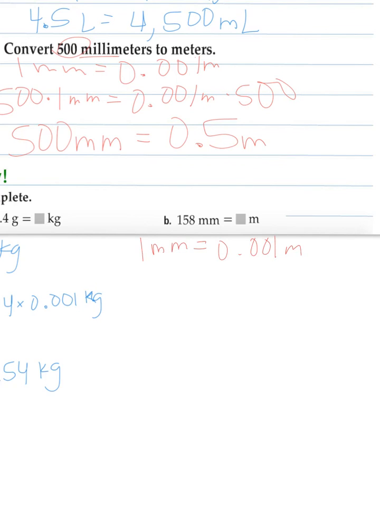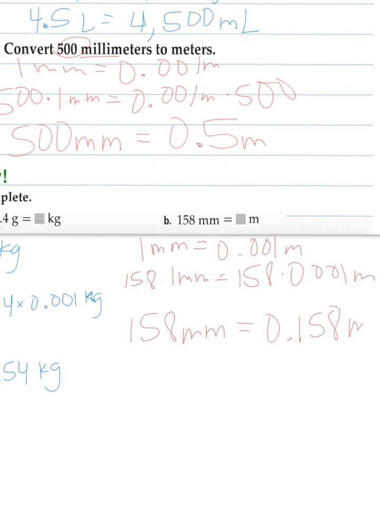Okay, multiply both sides by 158. Okay, multiply those out. 158 millimeters equals 158 thousandths meters.